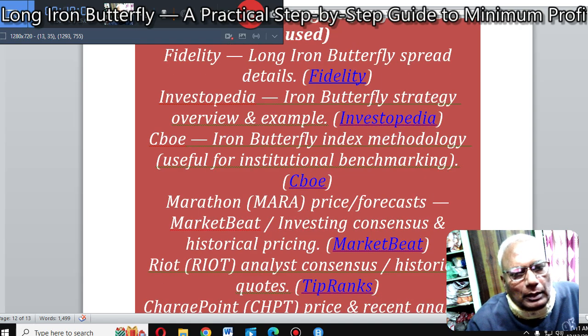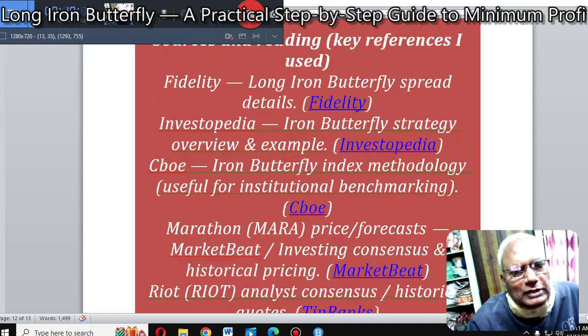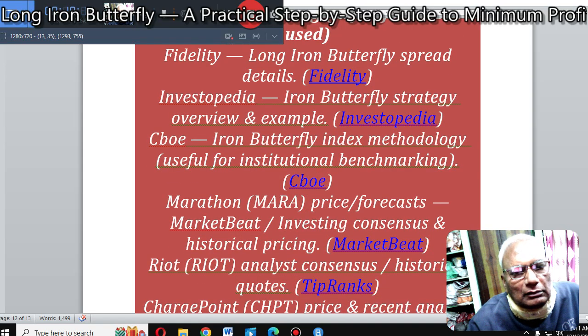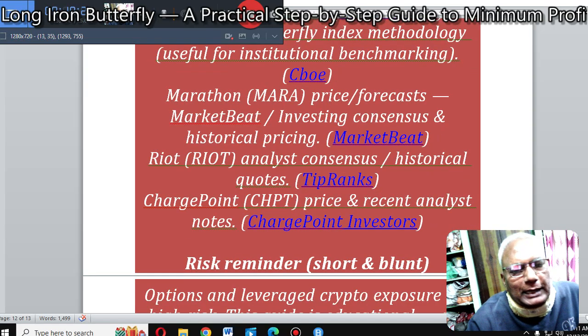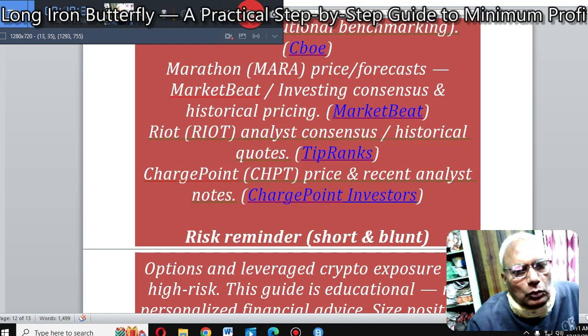Marathon: price forecast, MarketBeat, Investing consensus and historical price. Riot: analyst consensus, historical course. ChargePoint: CHPT price and recent analyst notes.